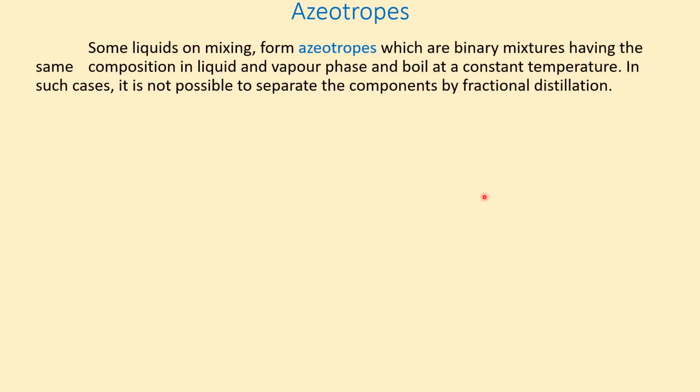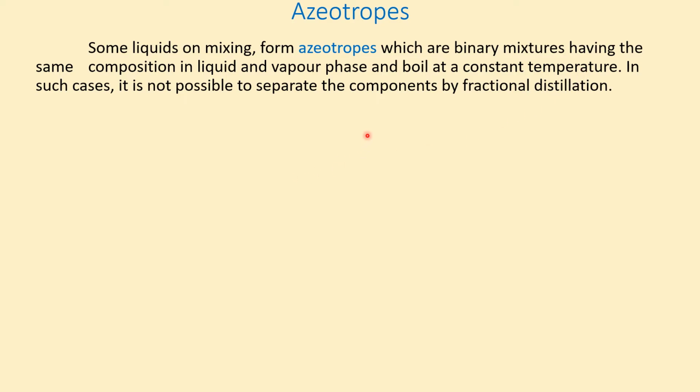Azeotropes. Some liquids on mixing form azeotropes, which are binary mixtures having the same composition in liquid and vapor phase and boiling at a constant temperature.